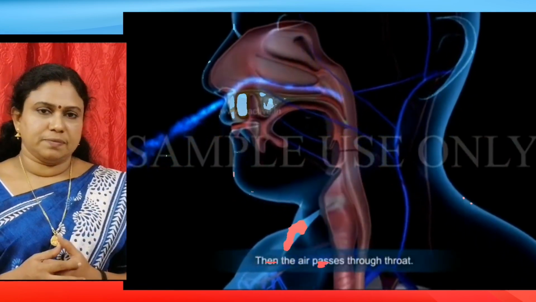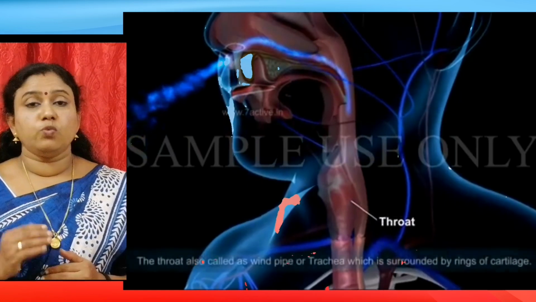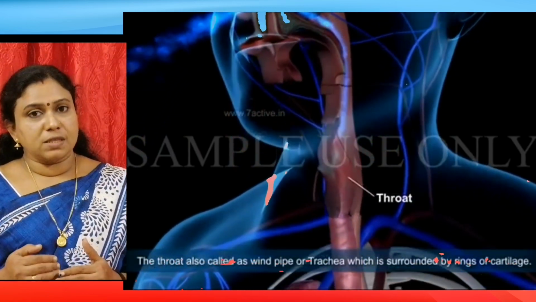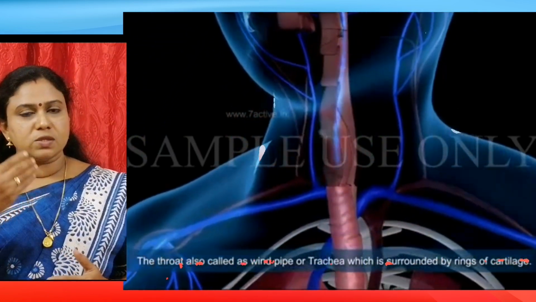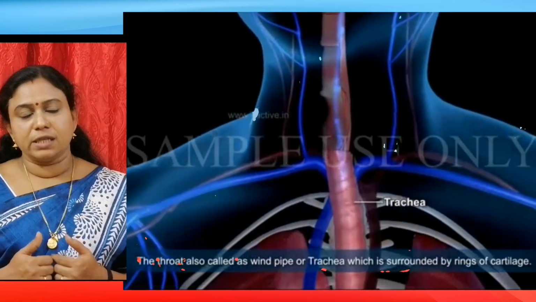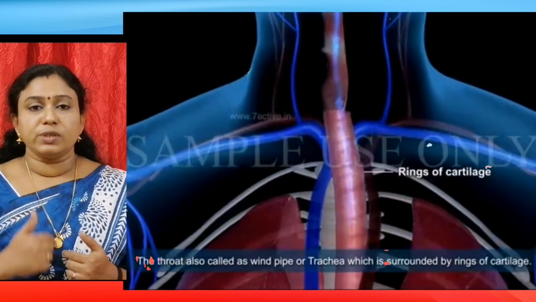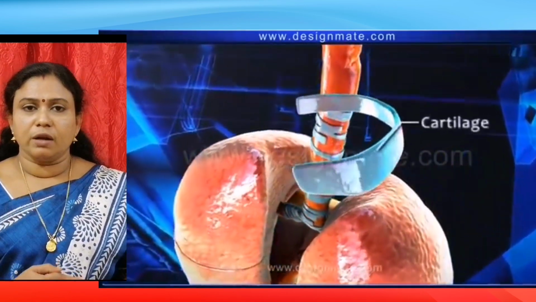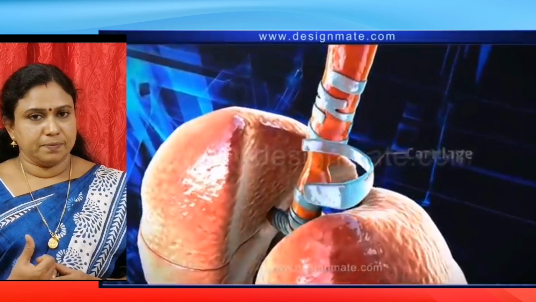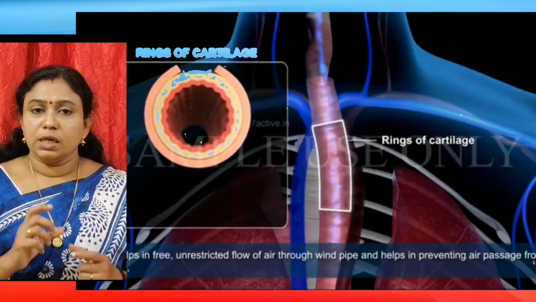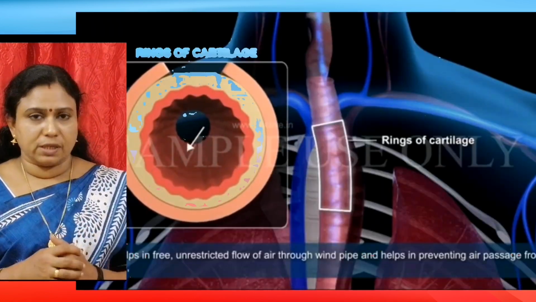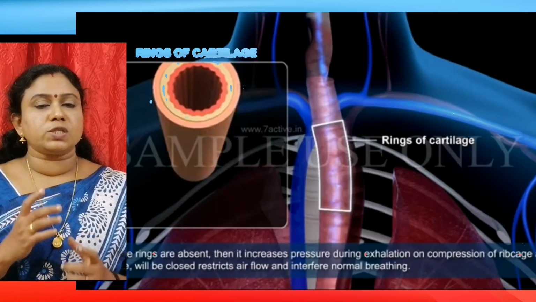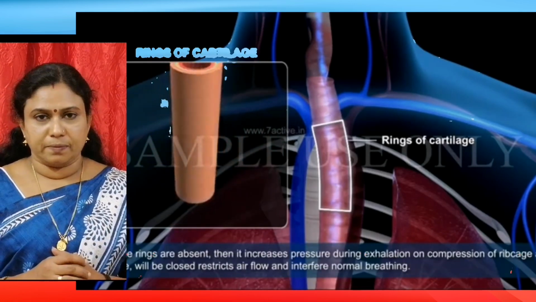Next is the trachea. The trachea is the windpipe. The air passes from the pharynx to the trachea, and it starts from the throat and reaches the thoracic cavity. There are C-shaped cartilage rings around the trachea, and this cartilage prevents the collapse of the trachea even if the air is not present in the trachea.